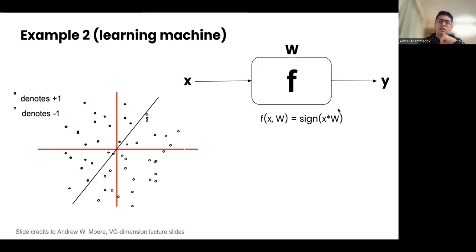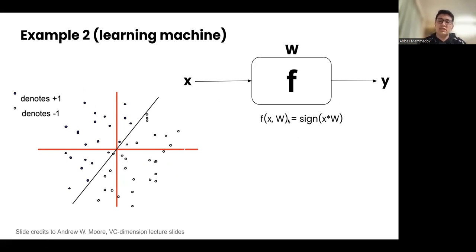The vector w has two parameters, and when we multiply it with x, which is also a two-dimensional vector, it's not a parameter, it's just the input, it can be anything. So we get x1 times w1 plus x2 times w2. And if it's less than 0, we are classifying it as a negative one, and if it's greater than 0, we are classifying it as a positive label.